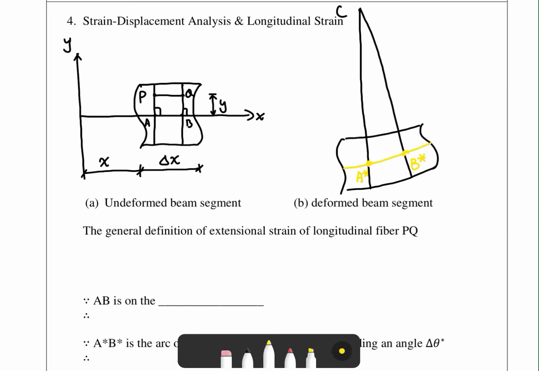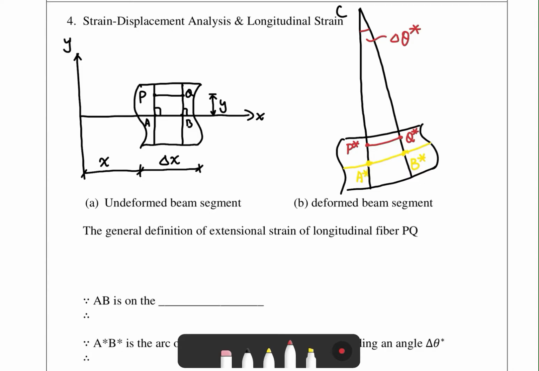So after the deformation, P and Q might go to different locations, and they will be marked as P star and Q star here. We are going to call this angle here delta theta star.